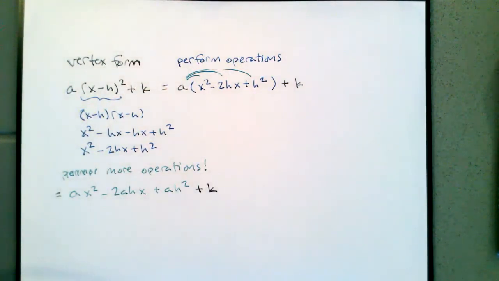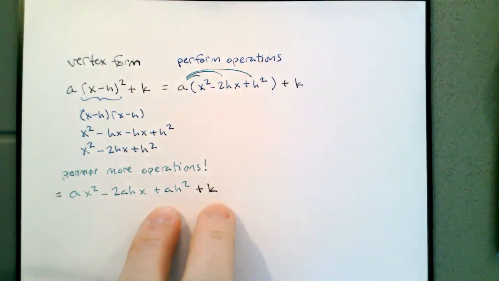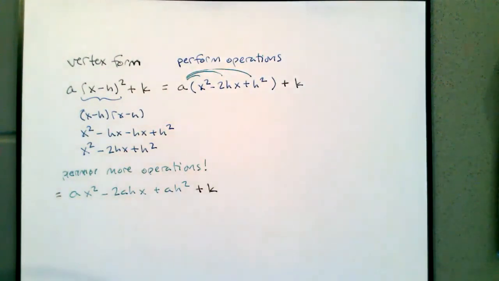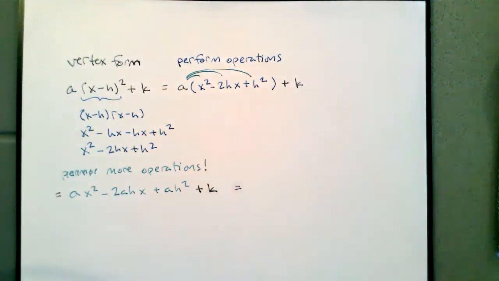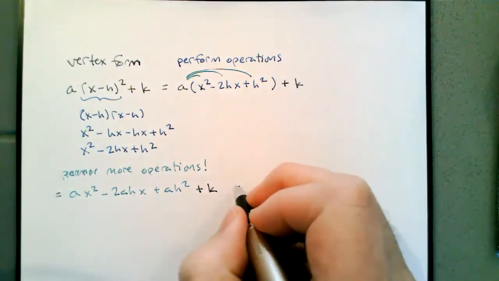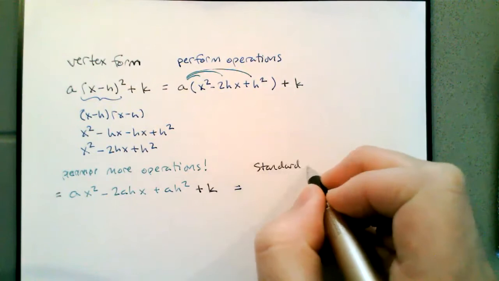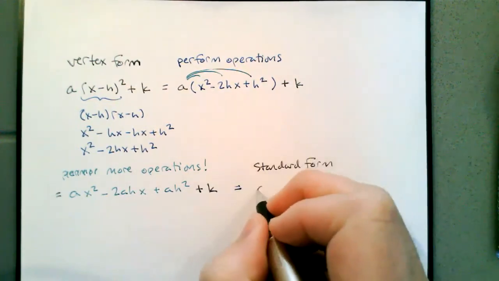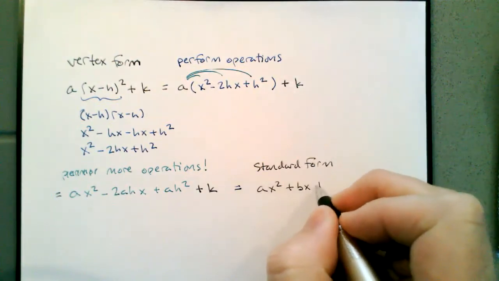And this is supposed to equal the standard form. Notice I have an x squared term, I have an x term, and I have this constant term. So this should equal the standard form, ax squared plus bx plus c.